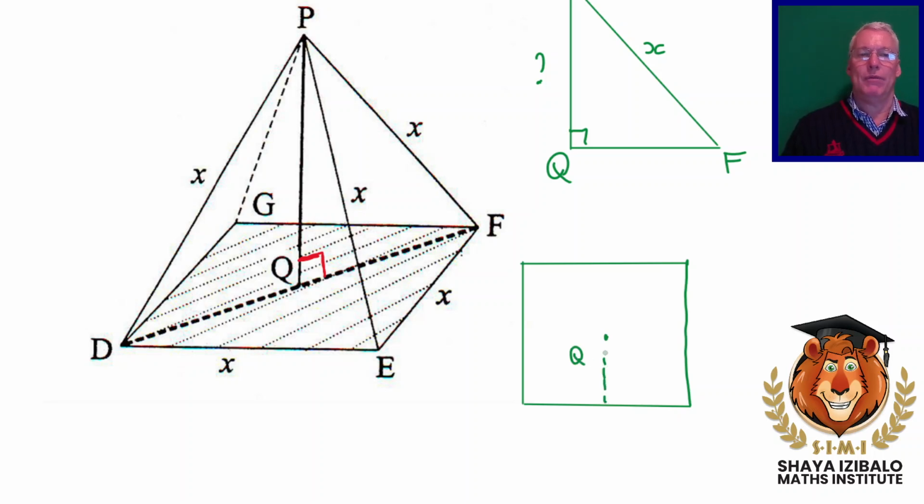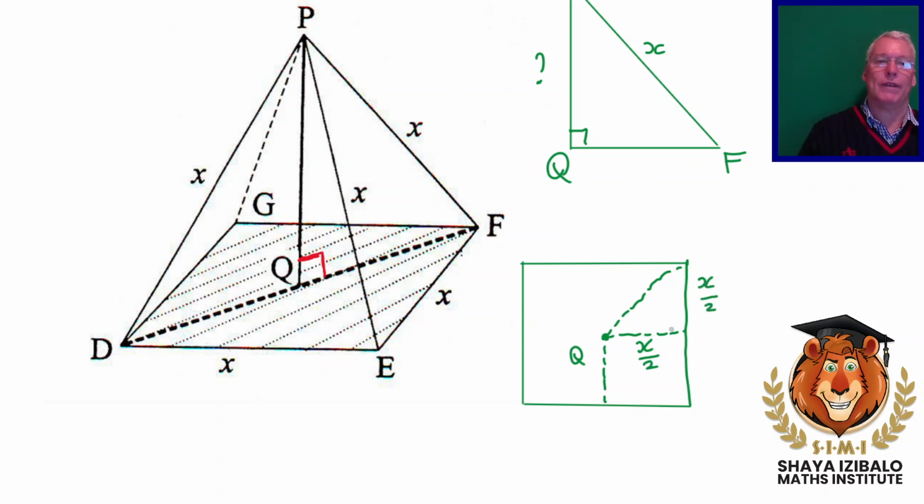Now, what we are wanting is QF, that distance there. But what we do know is that that will be half, it's in the middle. So this will be half x, and this will also be half x.